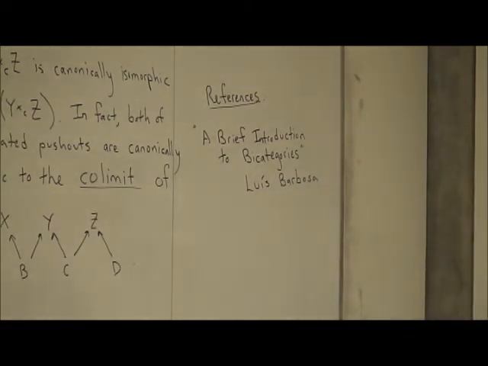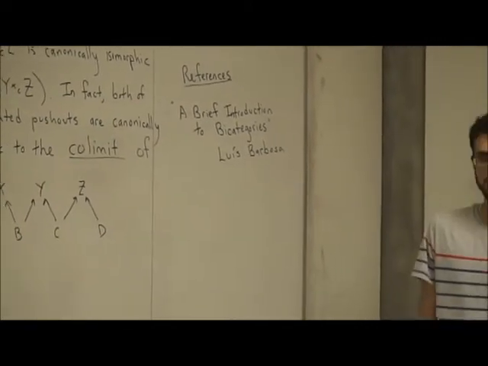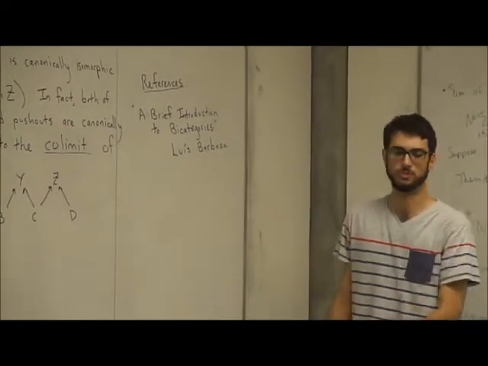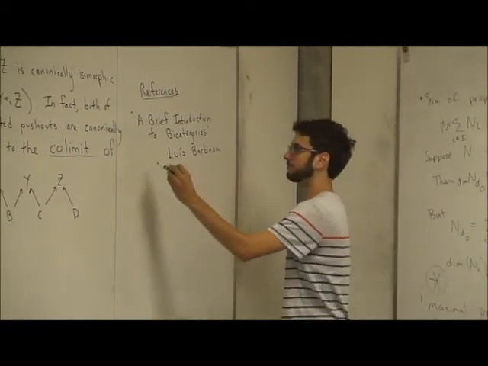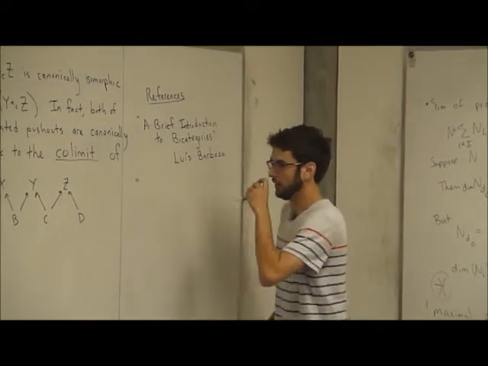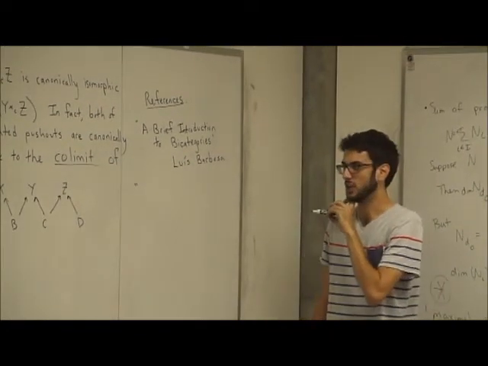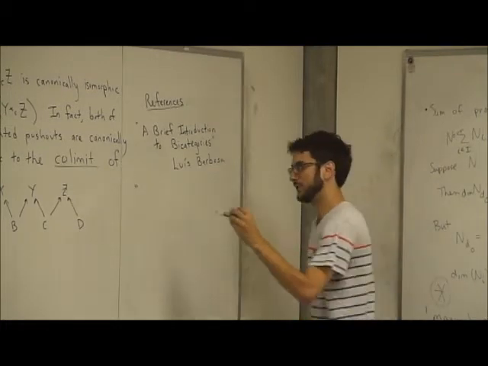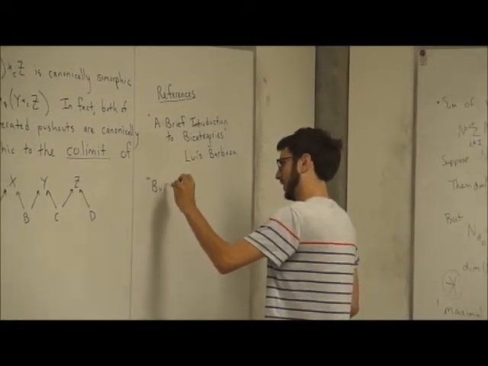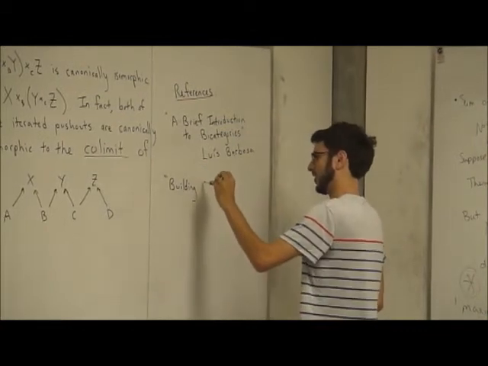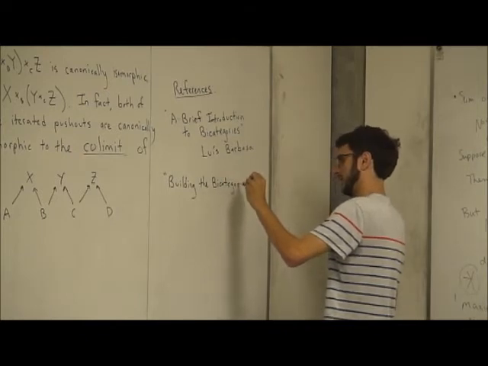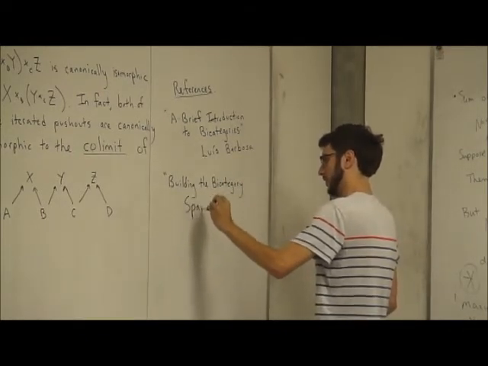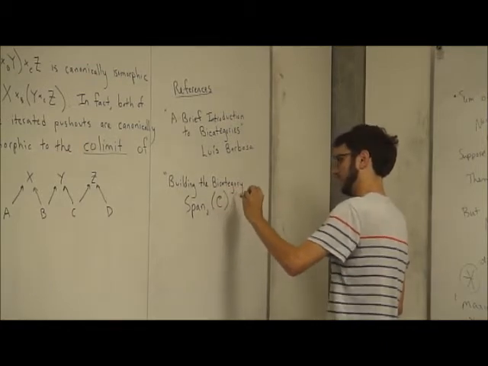You can find this on the archive, and he gives the example of a bicategory of spans, so not cospans, but it's pretty much all exactly the same, just with the arrows flipped around. In my paper, John, I think, emailed everybody on the mailing list a draft of this. It's not quite ready yet. It's going to be called Building the Bicategory Span 2 of C.